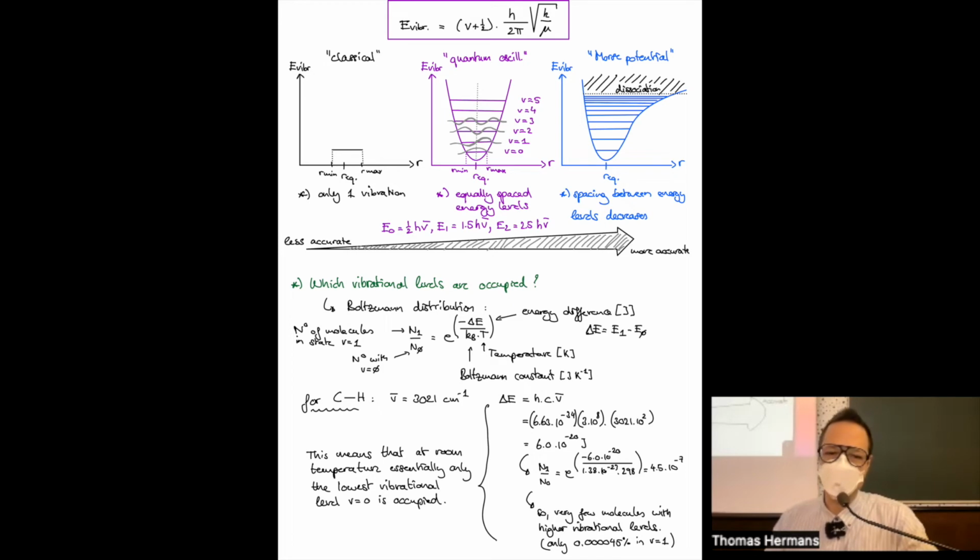But in any case, we know that there are multiple levels, and we want to know which of these levels are occupied. So which vibrational levels are occupied?